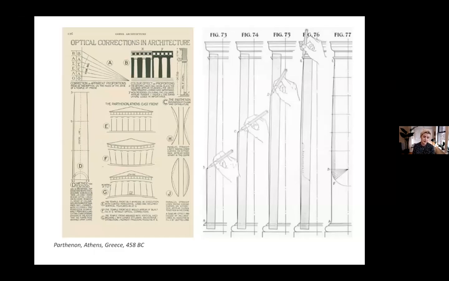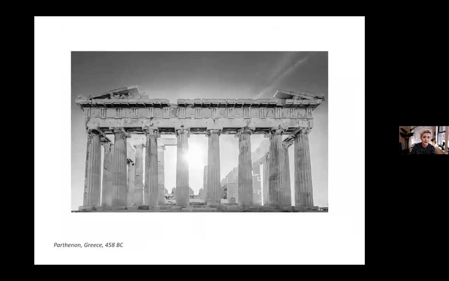Of course, you all likely know that the shape of the shaft is also altered. There's a swelling in the middle of the shaft and it tapers towards the top. And the corner columns are slightly wider to counteract another visual effect. Without this adjustment, they would appear thinner than the inner columns.